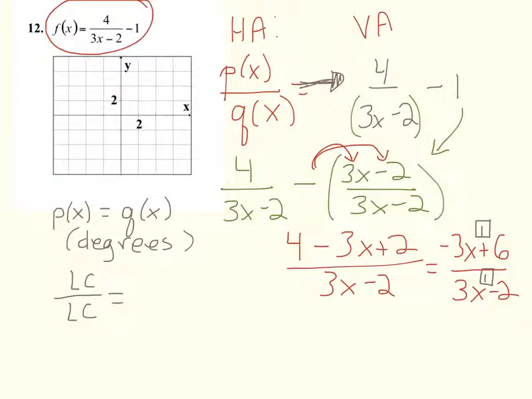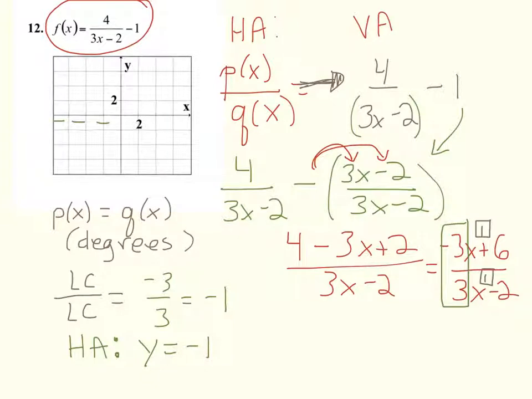Leading coefficient in this case would be negative 3 over 3. So that would be negative 1. And I've got a horizontal asymptote. Remember, those lines actually start with y equals negative 1. So I can go ahead and draw my horizontal asymptote in. And there I've got my horizontal asymptote.